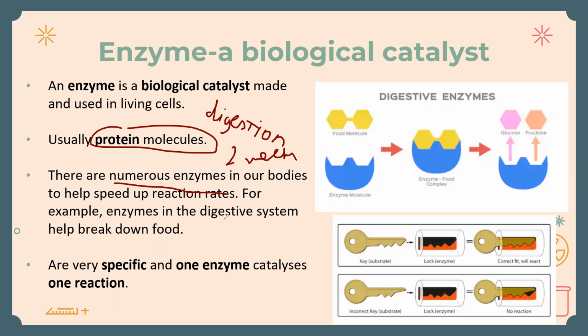So enzymes in the digestive system speed up the reaction related to digestion in order to break down food very quickly. And this is very important, particularly because in modern day, compared to cavemen, compared to generations ago, or hundreds and hundreds of years ago, today's generation tends to eat meat a lot more frequently than previous generations did.